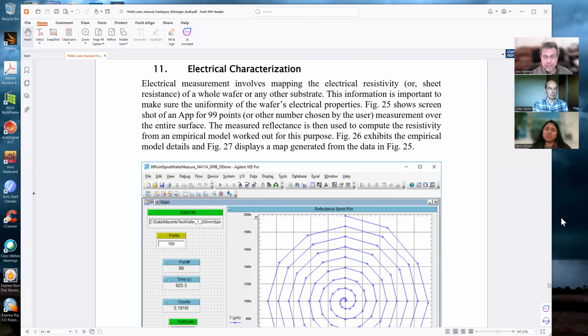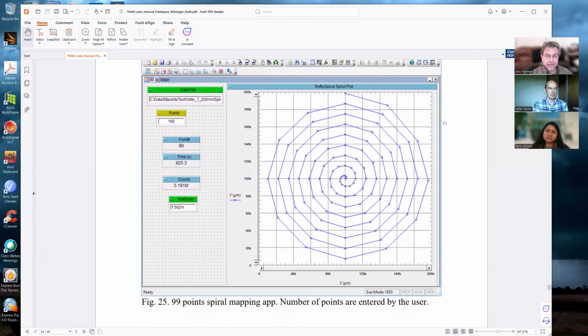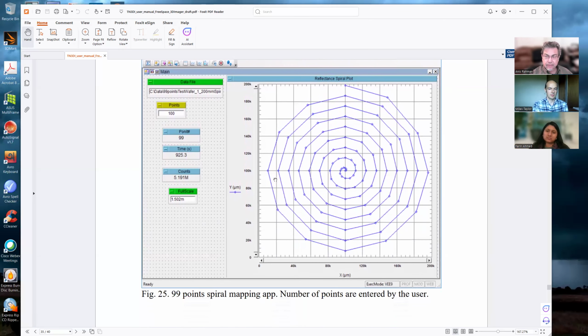So the same thing here we have done with the T-ray. This is the whole wafer that is mounted on the stage, and the stage is moved, and some 99-point measurement is done on the entire wafer. It could be less, it could be more, depending on the necessity.